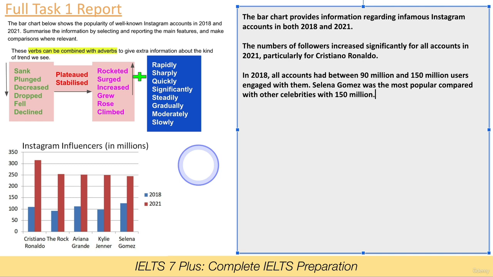With 150 million, we don't need to say followers every time. Okay, who shall we draw upon next? We don't have to talk about all of them. In fact, that's, like we said before, the criteria. So we'll just pick a few to talk about. Maybe The Rock, because he's at the 90.